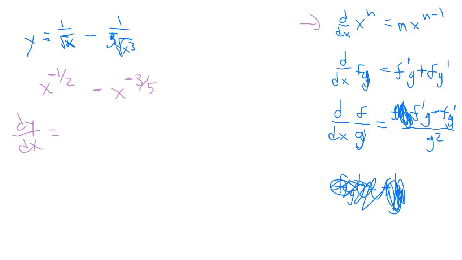So it would be this guy. And we would multiply negative 1/2 x to the negative 3/2, because negative 1/2 minus 1 is equal to negative 3/2. And the other one would be minus negative 3/5 x to the negative 8/5. Notice how I put this in parentheses.